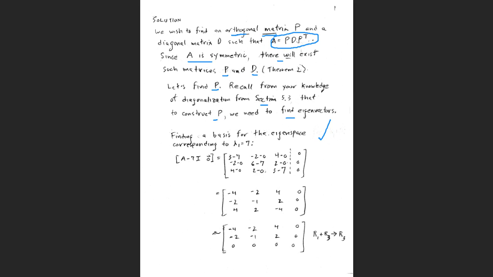Now, what you're seeing, by the way, this example is section 7.1, where we're going to orthogonally diagonalize this matrix A. This example, I'm basically working it out by hand.